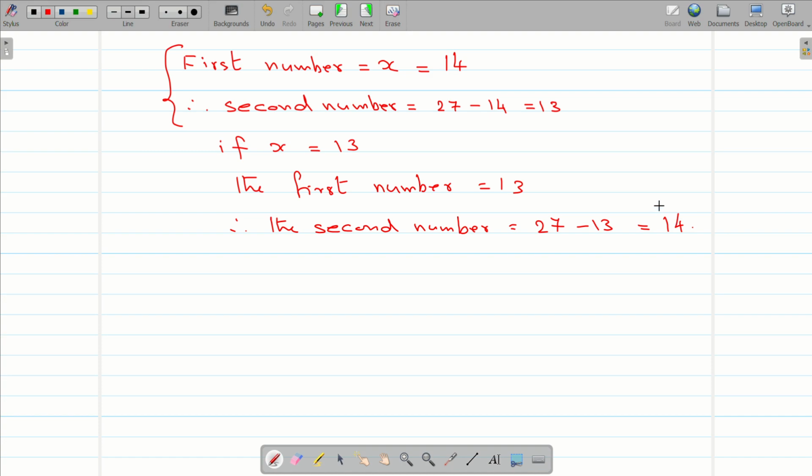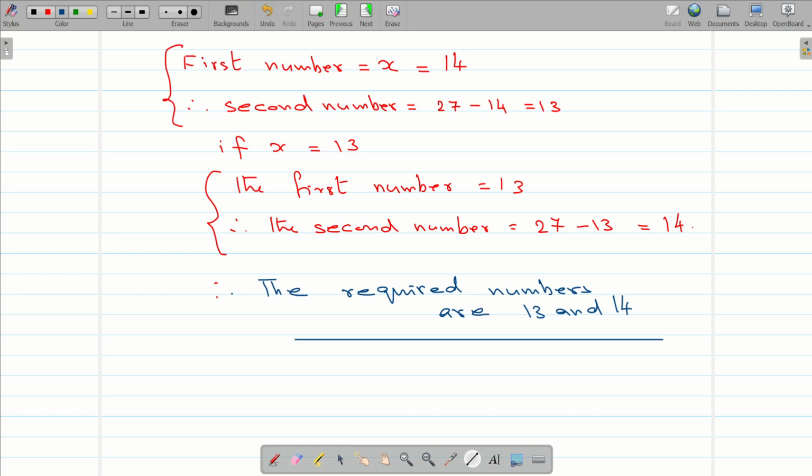Therefore, the numbers are 13 and 14. They may be appearing in different order, 14, 13 or 13, 14. Therefore, the required numbers are 13 and 14.